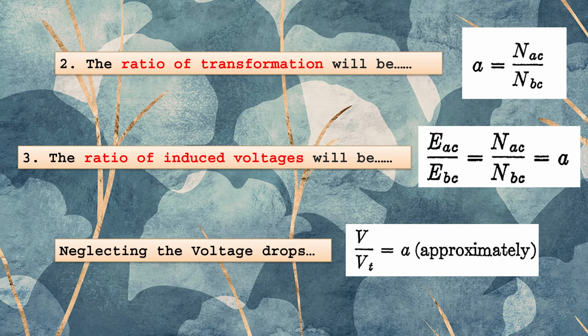And sabi dito, neglecting the voltage drops, V sub 1 over V sub 2 is approximately equal to the ratio of transformation. So, yung values nila ay hindi naman nagkakaiba. Kumbaga, malapit yung values nila sa isa't isa. Kaya, yun nga, approximately.